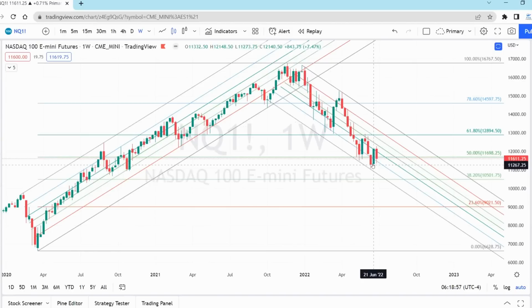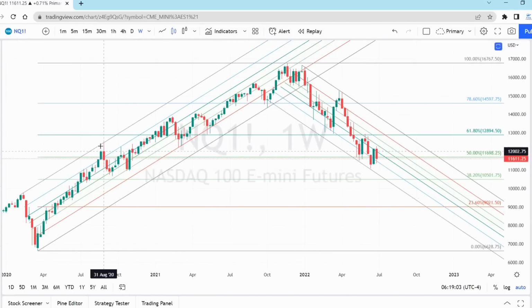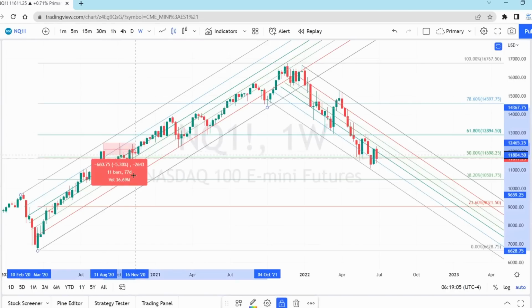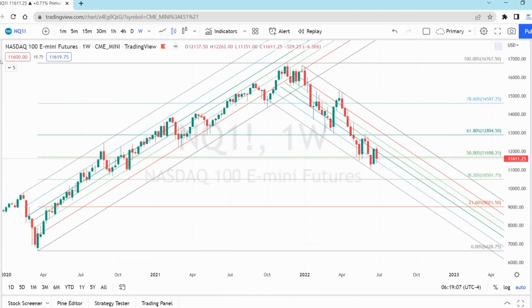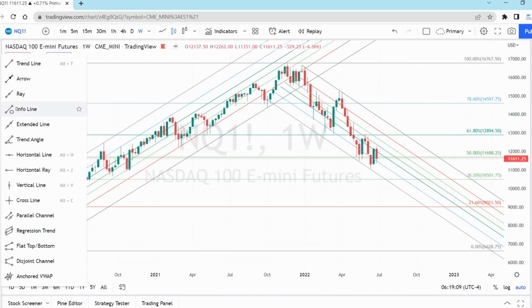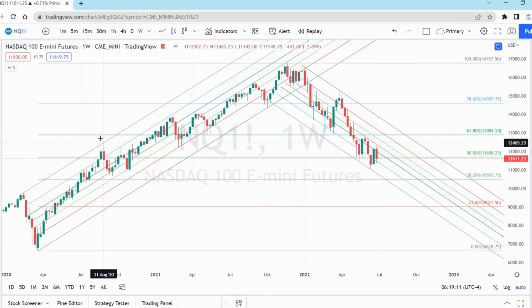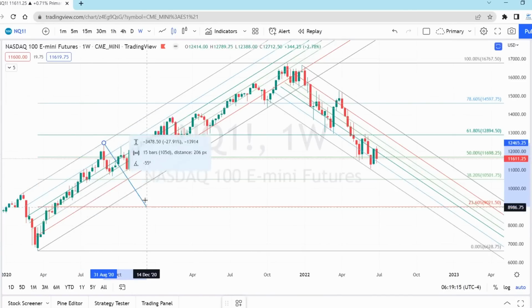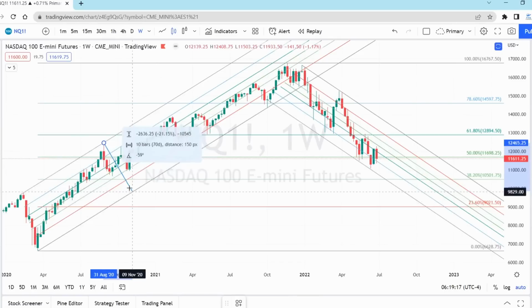Do they have the same width, both your channels? I can measure that. The width of this channel is 2600 points.